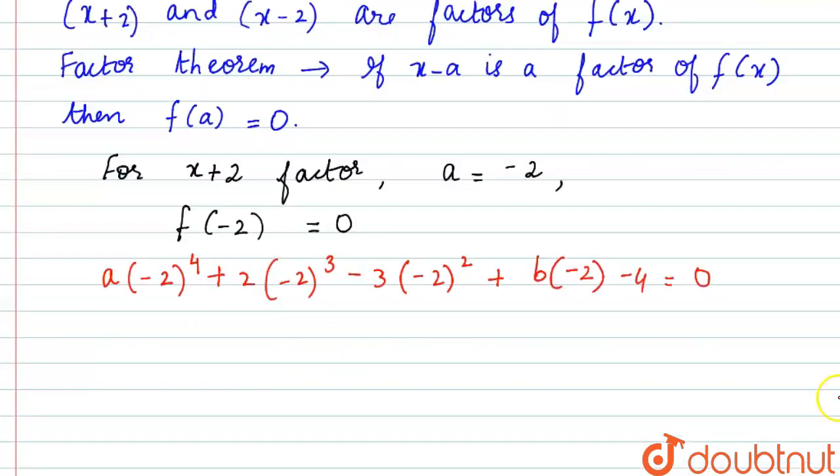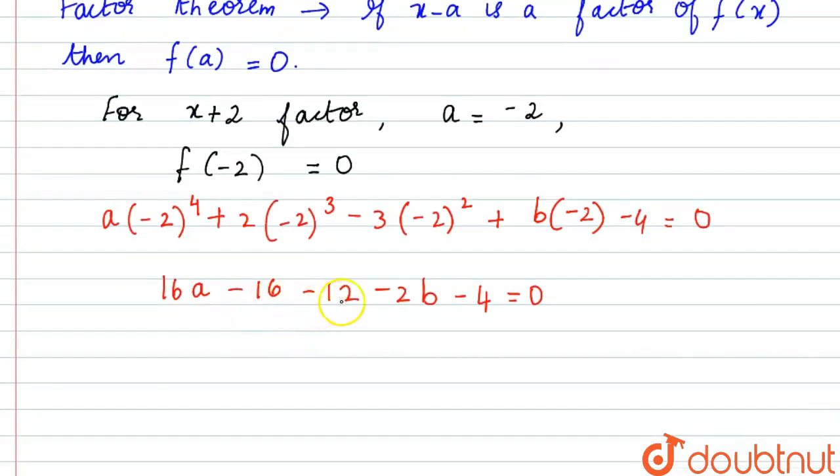So we'll solve this to get the equation. So here minus 2 power 4 is 16. So this will be 16a. Then minus 2 whole cube is minus 8. Minus 8 into 2 is minus 16. Then minus 2 whole square is 4. 4 into minus 3 is minus 12. And here we'll have minus 2b minus 4 equal to 0.